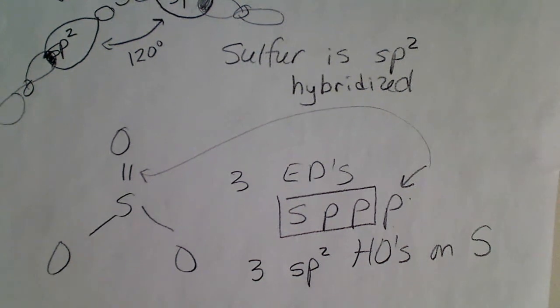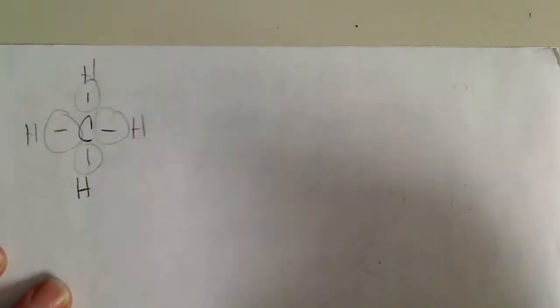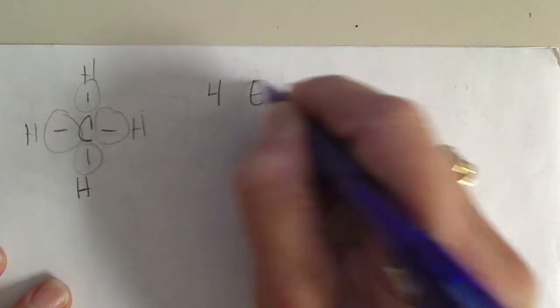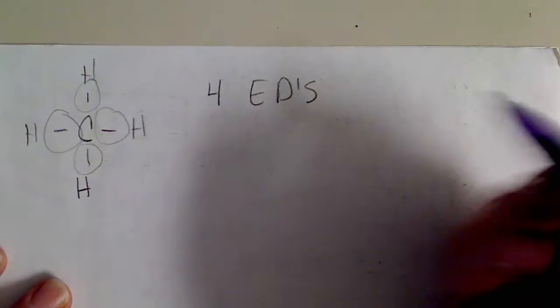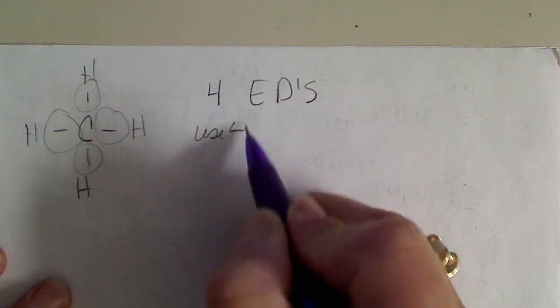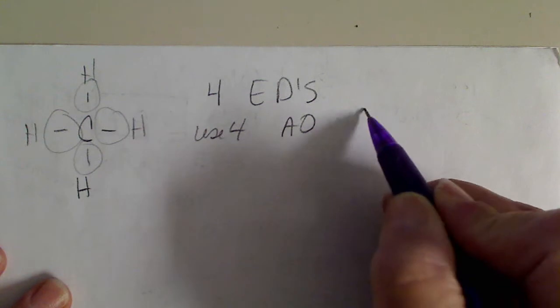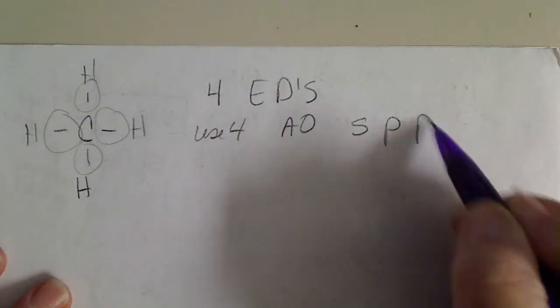4 electron domains, for example, the methane that we drew earlier, CH4, has 4 groups of electrons around that. So 4 electron domains means we're going to use 4 atomic orbitals, s, p, p, p.